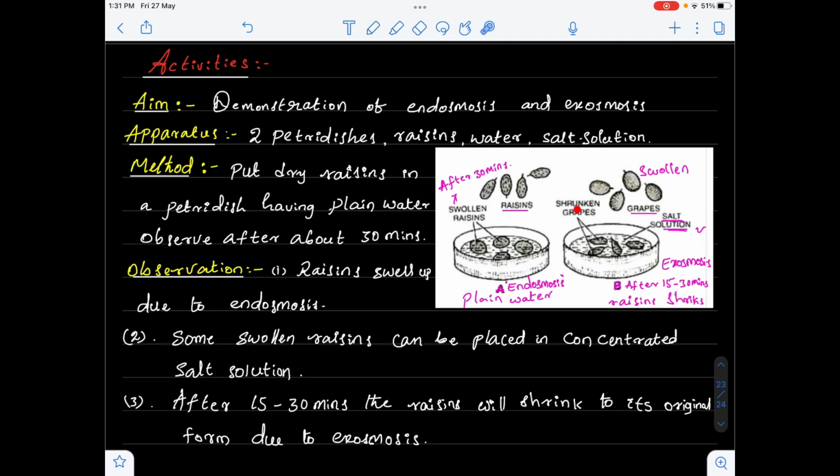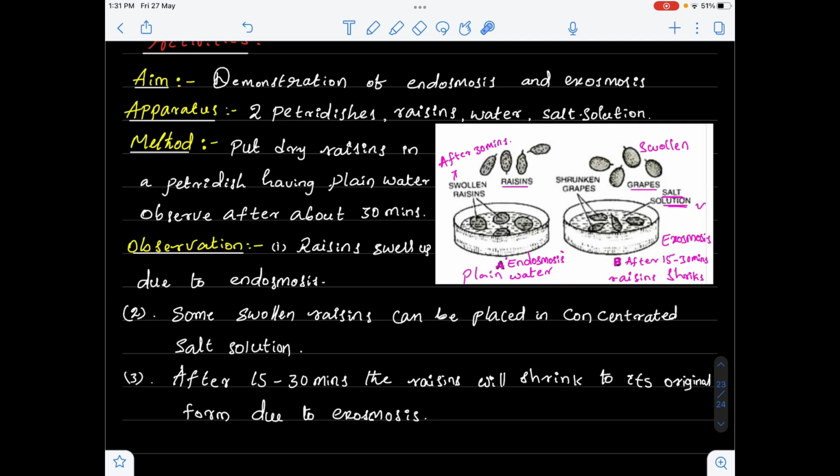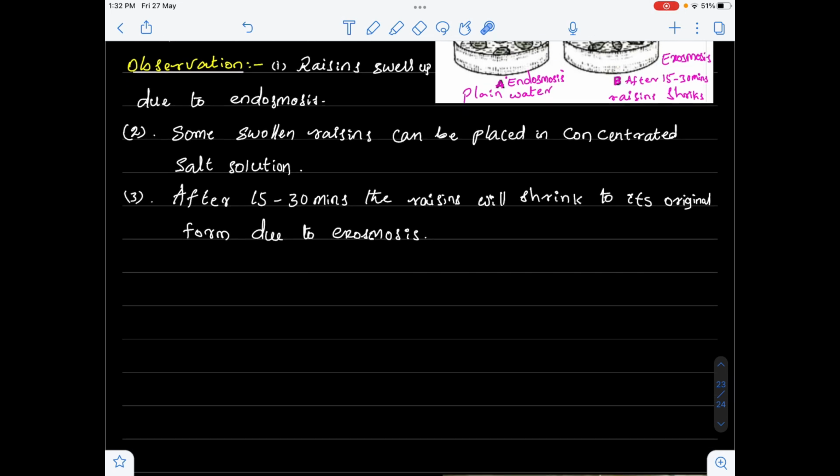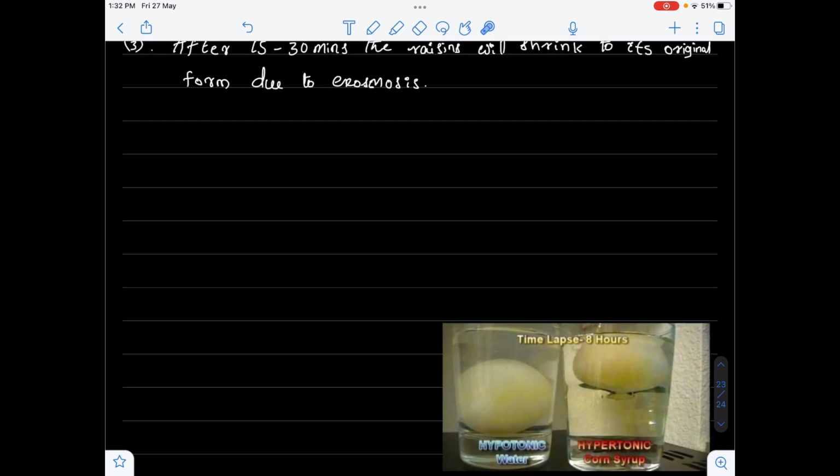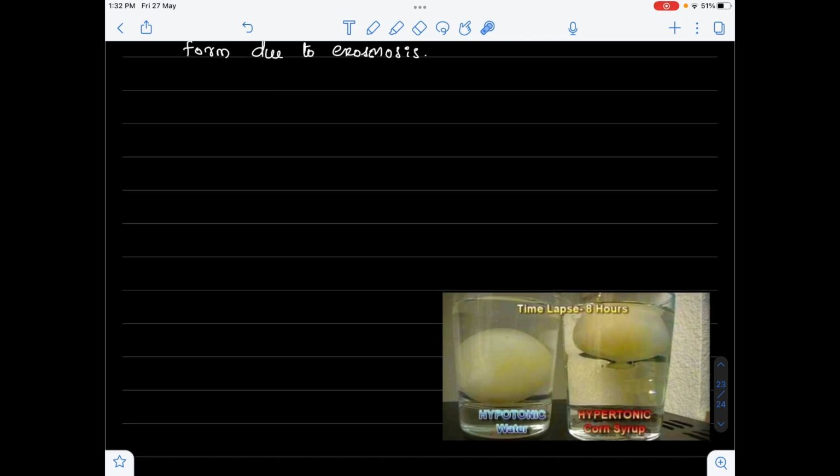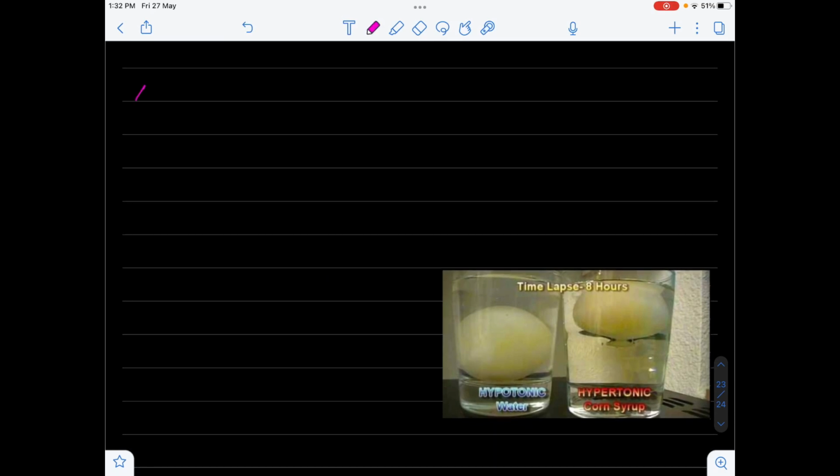So this is one activity which explains endosmosis and exosmosis. Now let us do another activity. Activity 2.